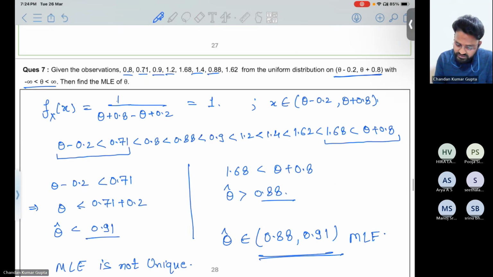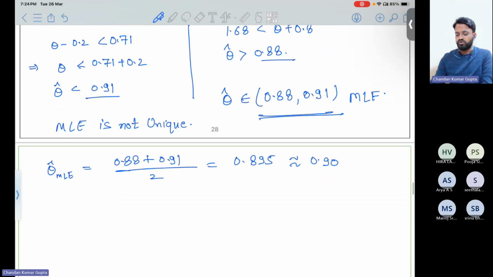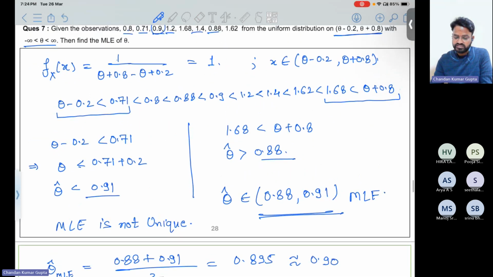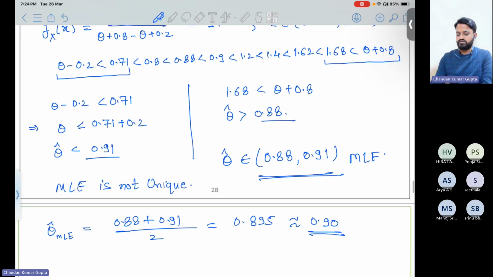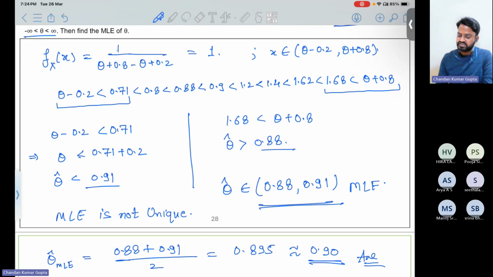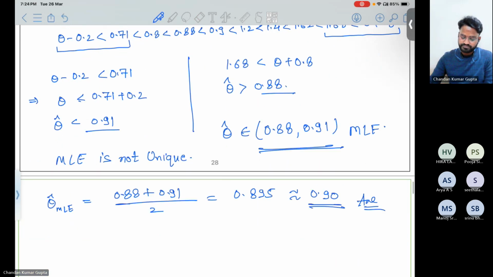So the MLE of theta for these random samples will be 0.9. That means the likelihood function is maximized at 0.9.